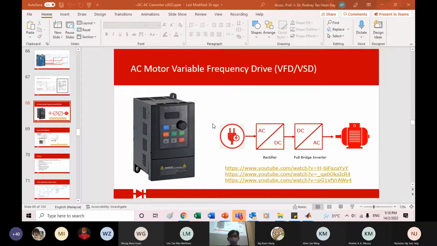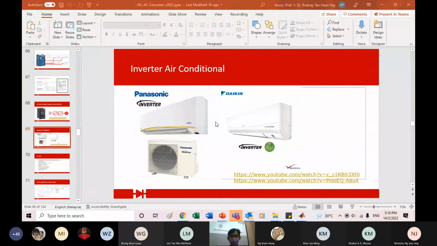Another application, which has been quite common in the past decade, is, I believe you heard of it, the inverter aircon, right? In the old days we didn't have this, but now we have. It's the same concept. Inside this inverter aircon is the compressor. If the compressor is 1 horsepower, it is around 760 something watt.